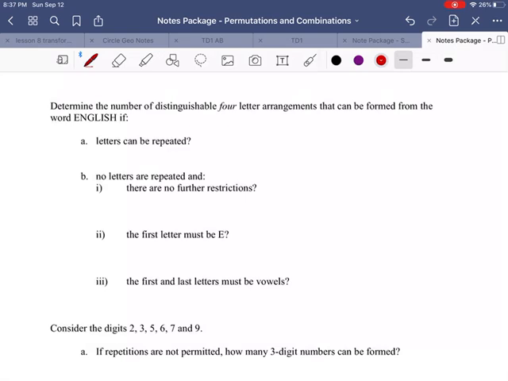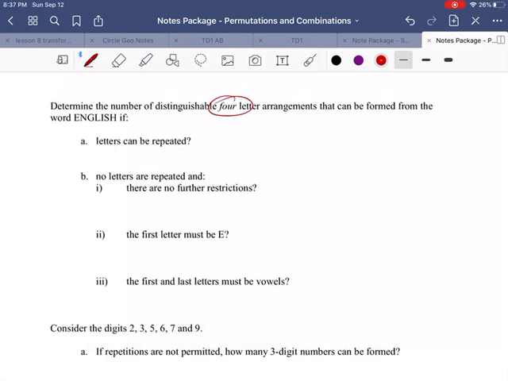Determine the number of distinguishable four-letter arrangements that can be formed from the word English if letters can be repeated. For example, you could have E, E, E, E. You could do E, E, E, N, and so on and so forth. So you're allowed to repeat the letters.